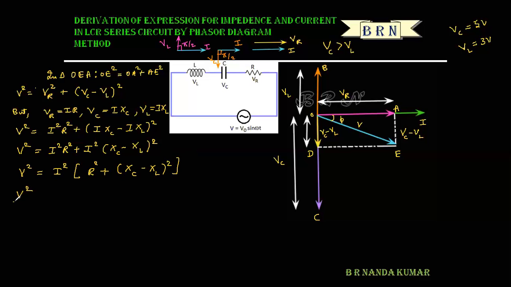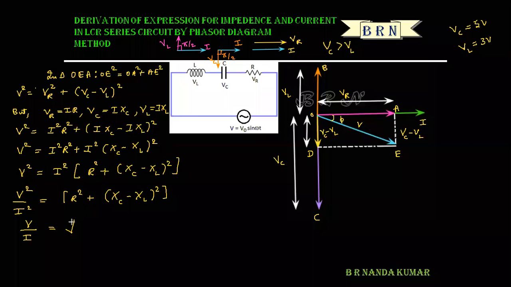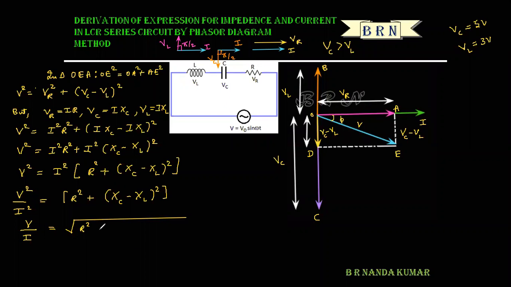Okay, so V squared divided by I squared is equal to R squared plus XC minus XL whole square.